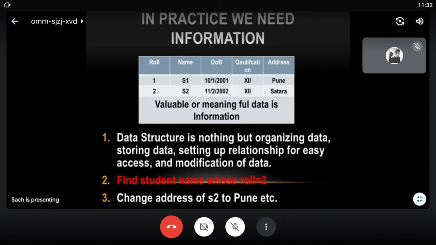So this is easy access of data due to the mapping of roll number with roll number 2. The value is 2 and roll number is the header. Find student name where roll number is 2.